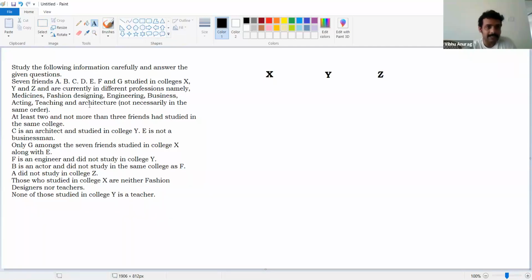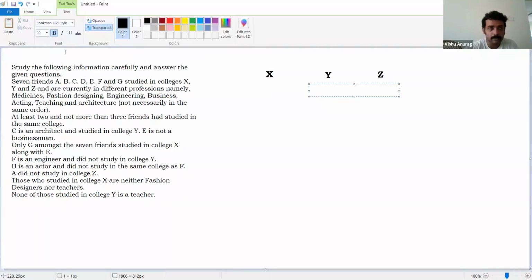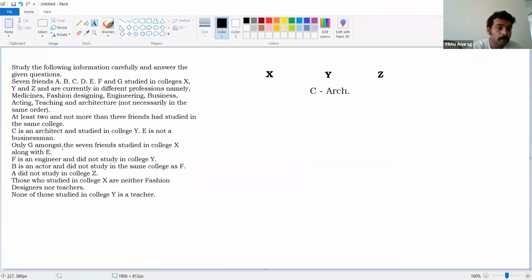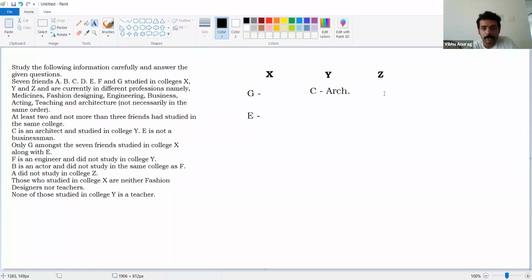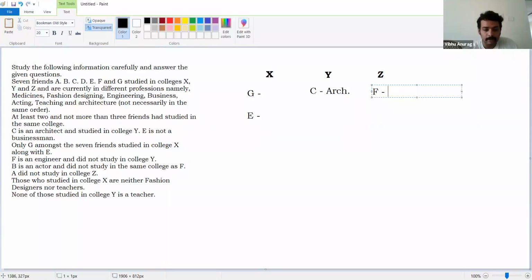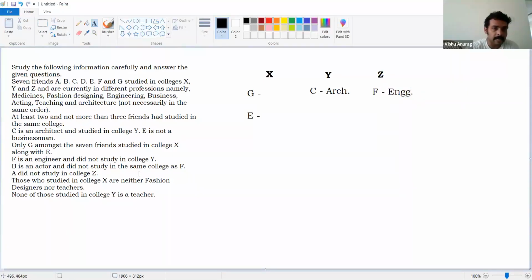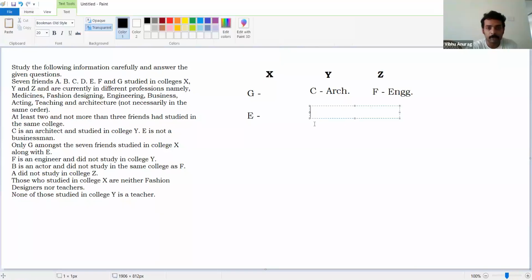So we know that C is an architect and studied in college Y. Okay. So C, who is an architect, studied here. E is not a businessman. Okay. Only G studied in college X along with E. So G and E studied in college X. F is an engineer and did not study in Y. So if F did not study in Y, it means F studied in Z. Engineer studied in Z. B is an actor and did not study in the same college as F, which means B studied in Y.